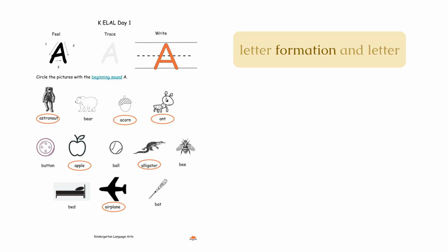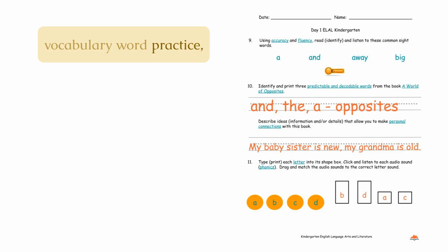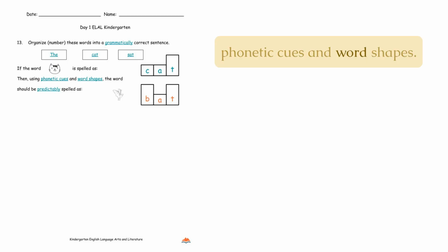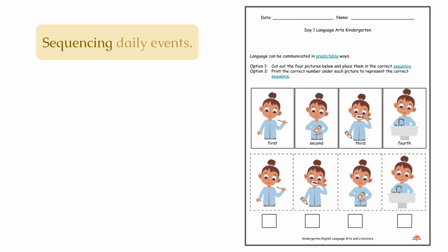Letter formation and letter identification. Vocabulary word practice, predictable and decipherable words, personal connections, and phonics and letter shapes. Phonetic cues and word shapes. Sequencing daily events. This concludes day 1 of ELA All Learning Outcomes practiced.